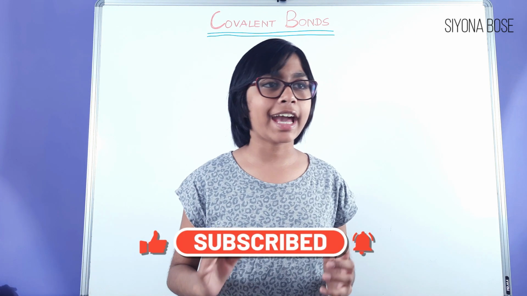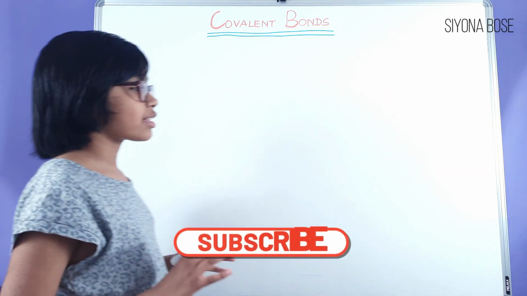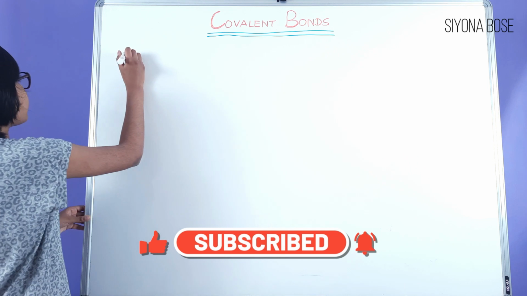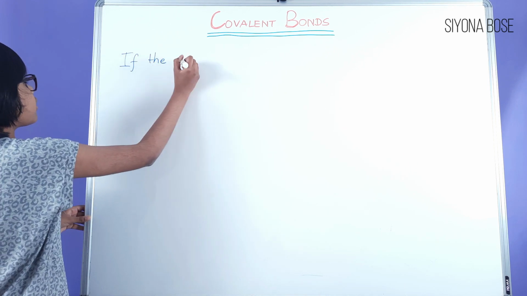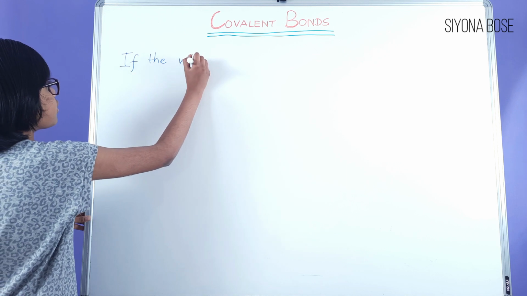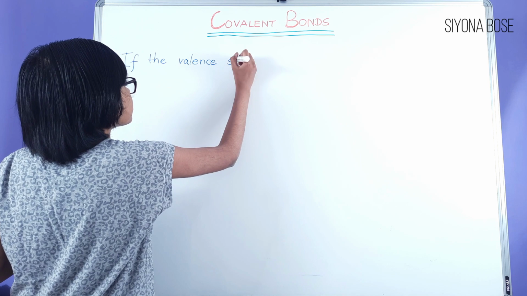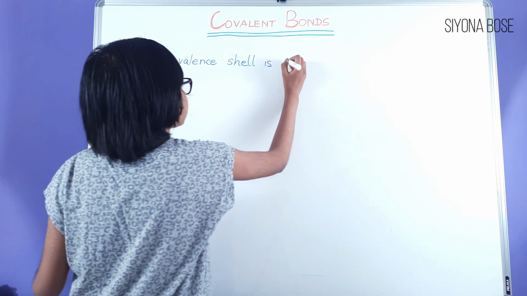Let's say an atom has an empty valence shell, meaning the valence shell is not full.